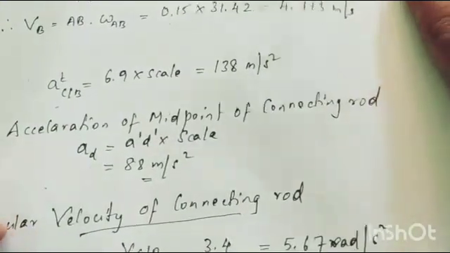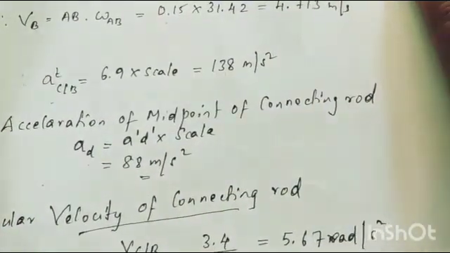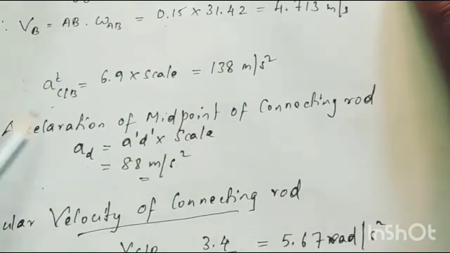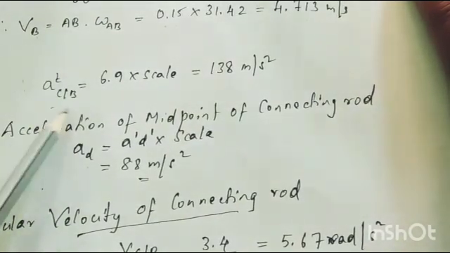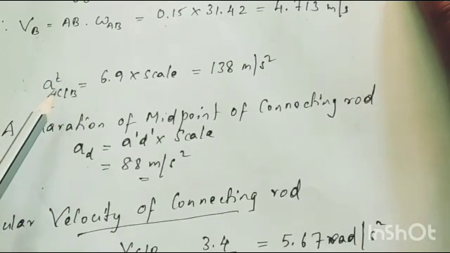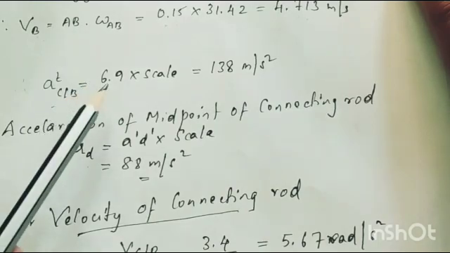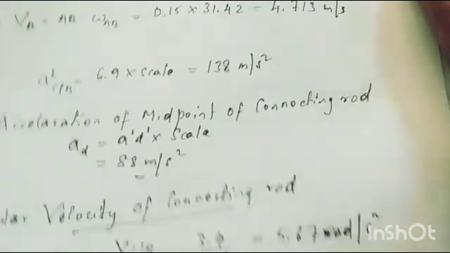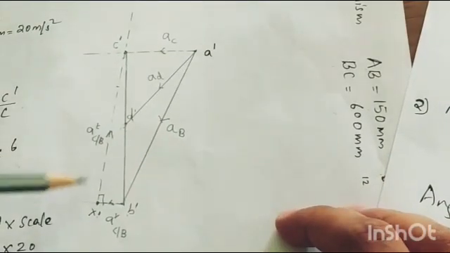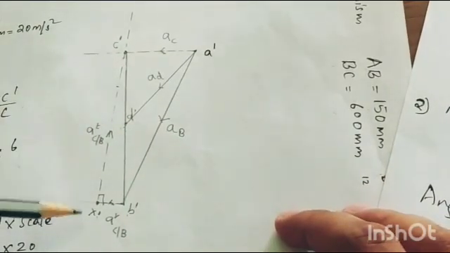So we have got a lot of values, some required and some not, but we will take down the value which is required. This value we require, that is the tangential acceleration of the connecting rod, A T of C given B. It is equal to 6.9, the value which I am getting. This is the measurement value from the acceleration diagram.